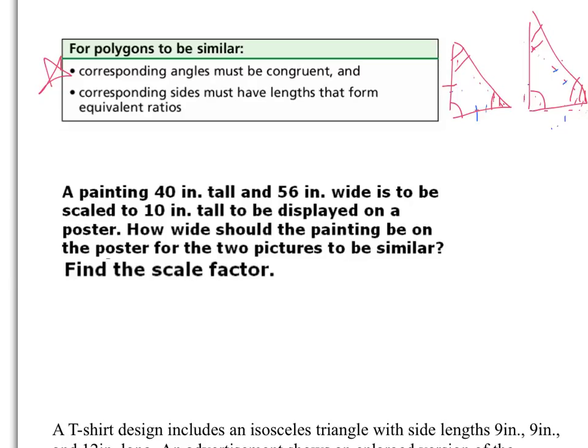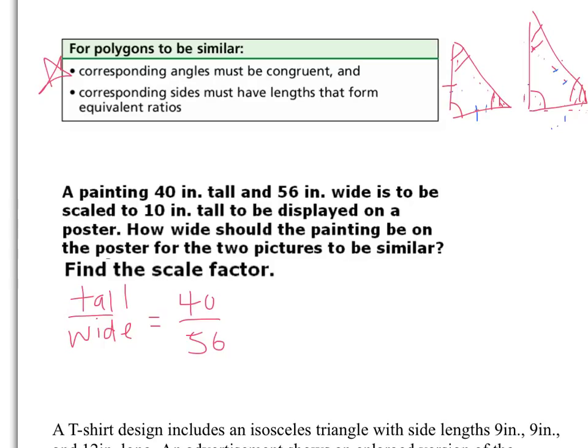So a painting is 40 inches tall and 56 inches wide. So we're going to have tall over wide, because remember I always like to write the words out. So that's 40 over 56, and since they're both in inches, it's okay that we don't write down the units.